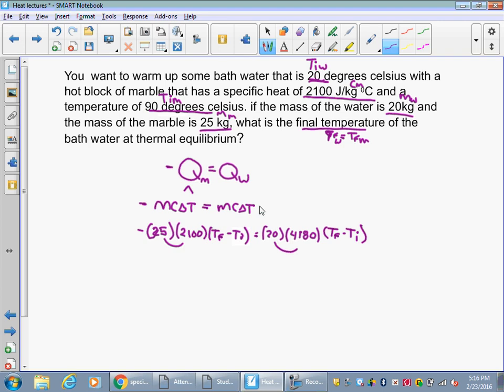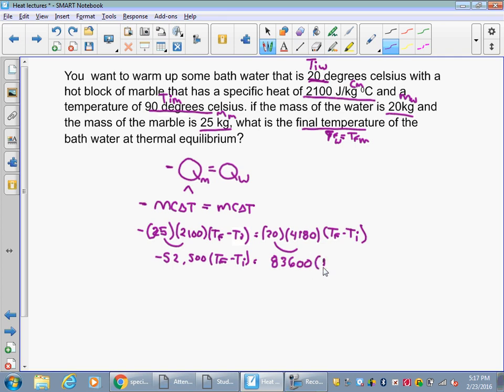So it's negative 25 times 2100. This is going to be negative 52,500 times (T final minus T initial). It's equal to, multiply these out, 20 times 4180. We get 83,600 times (T final minus T initial).